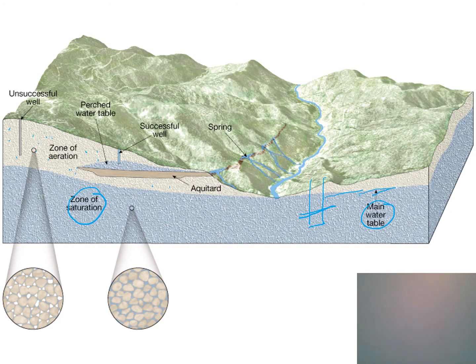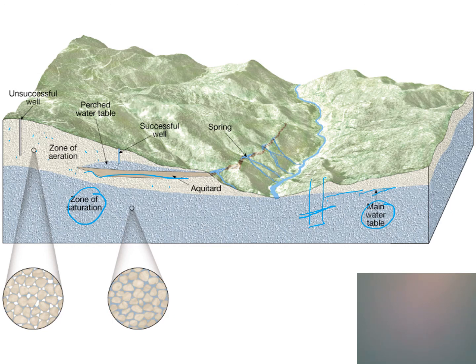Then, in some cases, within this zone of aeration, we can have what's called a hard pan. That's something else that's familiar to us here in California because of all the clay that we have in the soil. We can have a hard pan that builds up, and that hard pan is rock-like. It's clay that's baked to a brick-hard surface.